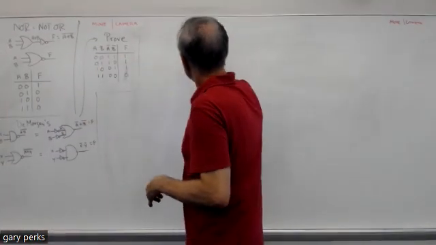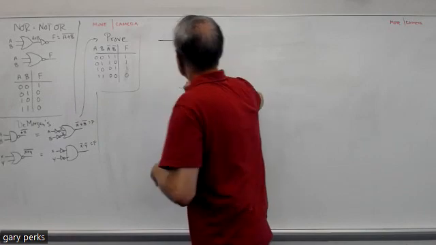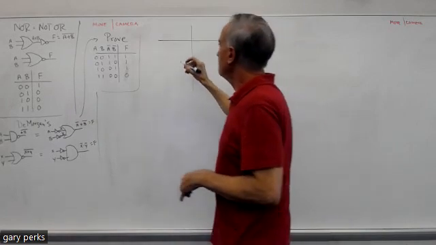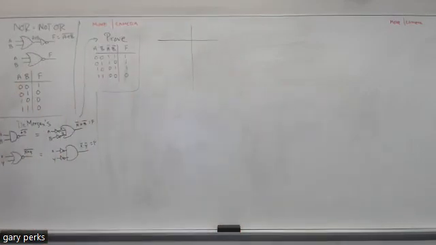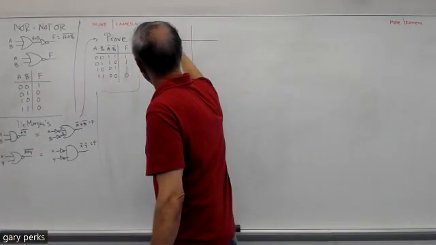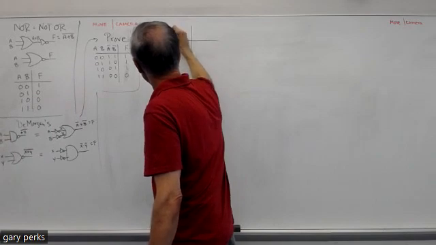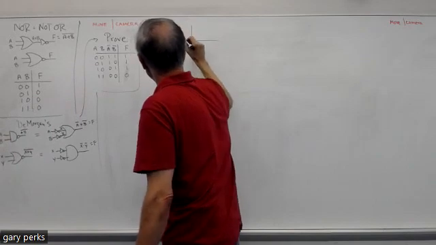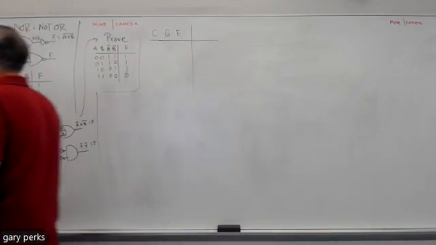So the truth table that I'm going to make here has the following inputs. One input, I'm going to use the variable C. I'm going to have an input variable G and an input variable E.